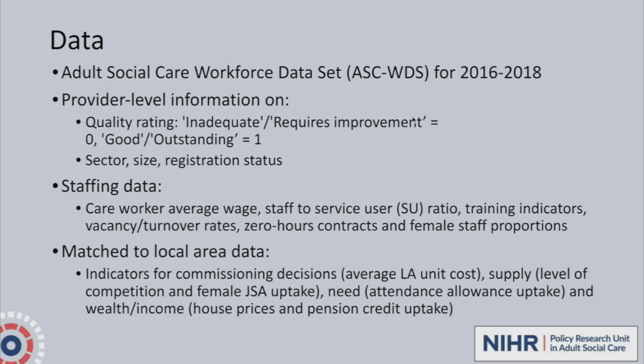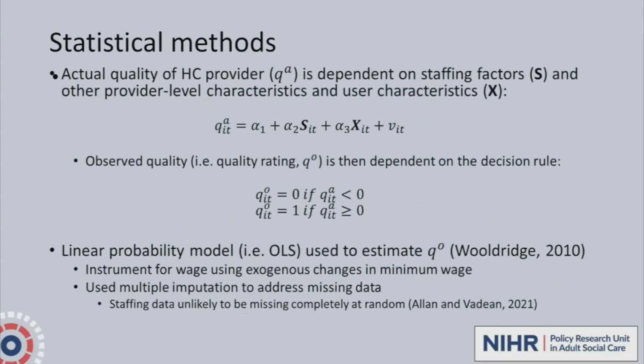In terms of our statistical methods for this analysis, because we're looking at quality ratings, we can use a latent probability model. So a home care provider is assumed to have an actual level of quality, which is dependent on staffing factors, other provider level characteristics, and user characteristics.